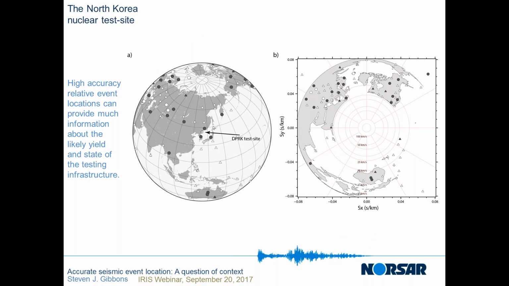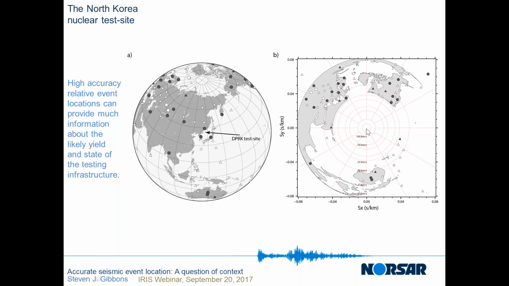Now, on the left-hand side of this image, we see the North Korean nuclear test site in relation to all the seismic stations of the IMS. And then to the right, we see what we call the slowness projection.